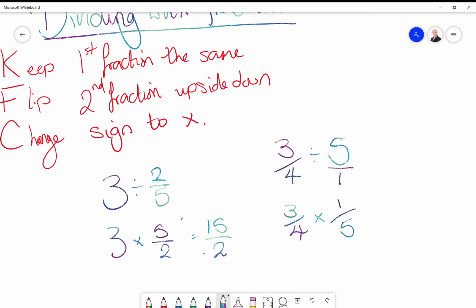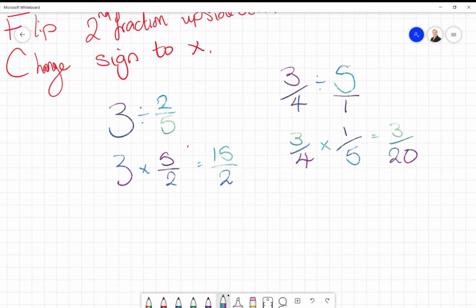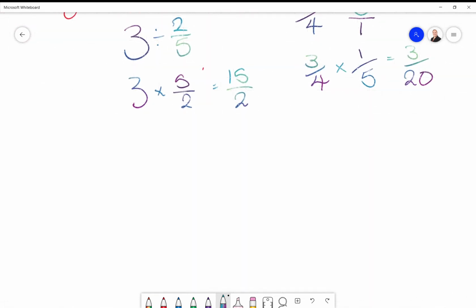Then I times. 3 times 1 is 3. 4 times 5 is 20. So my answer is 3/20. Let's keep going. I'm going to do 2 normal fractions together now. So I'm going to go 4/7 divided by 3/5.